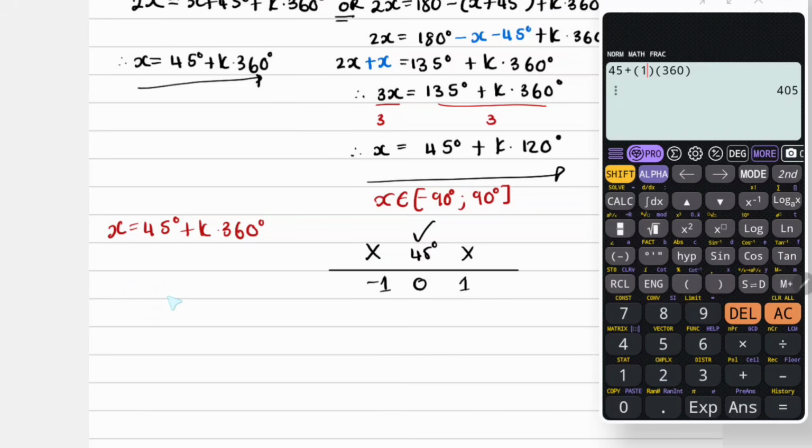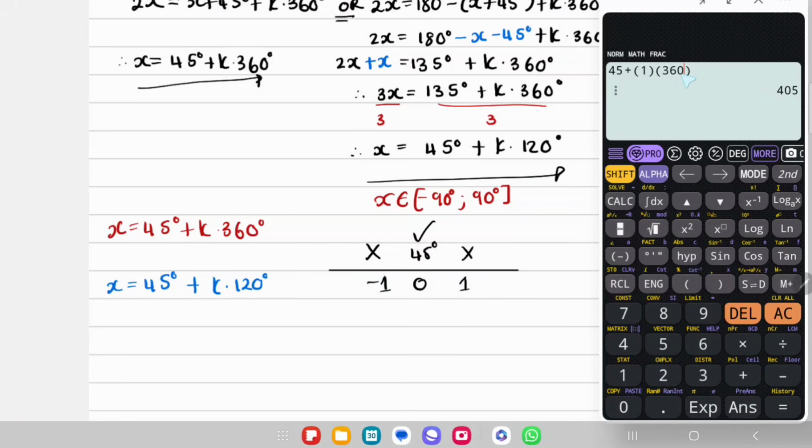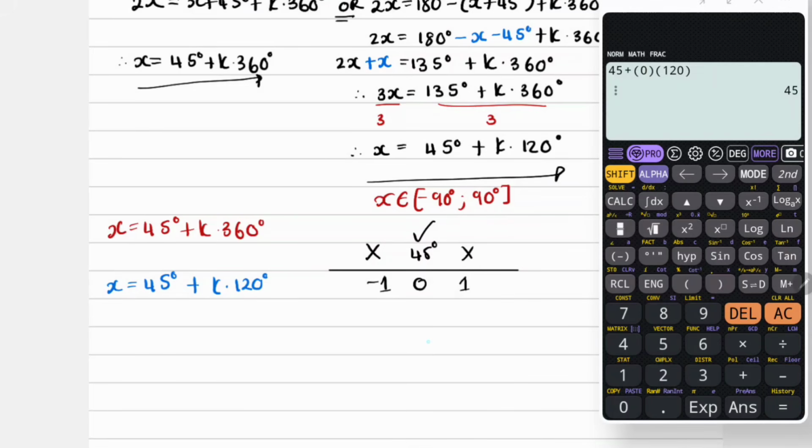Let's go ahead and work with this one, where we have x is equal to 45 degrees again, but this time k of 120 degrees. So I'm just going to change that to 120 degrees. Let's try 0. It would of course work, so you're going to have an answer of 45 degrees. I'm not going to repeat that answer. 45 degrees worked.